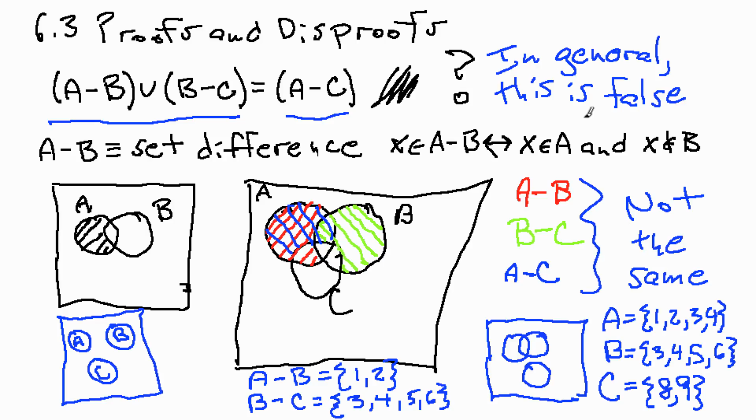So let's see, I'm running out of room here. I think I can squeeze it in over here, A minus C would just be the set A again, 1, 2, 3, 4.